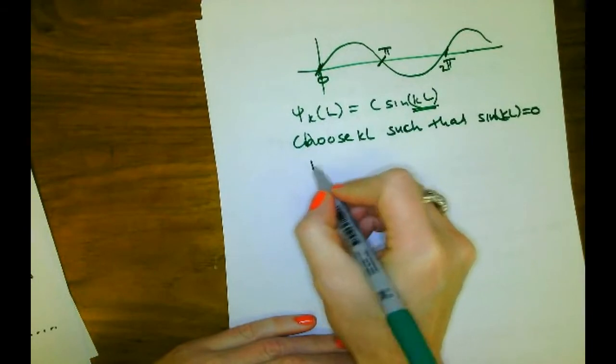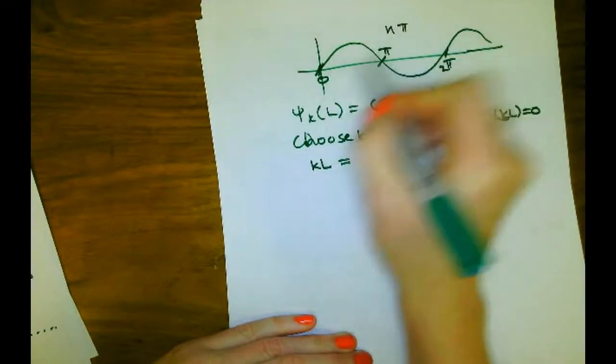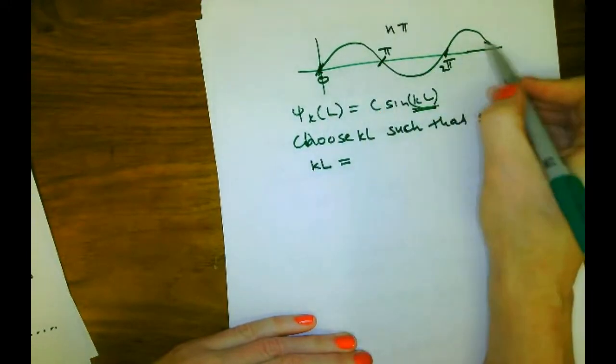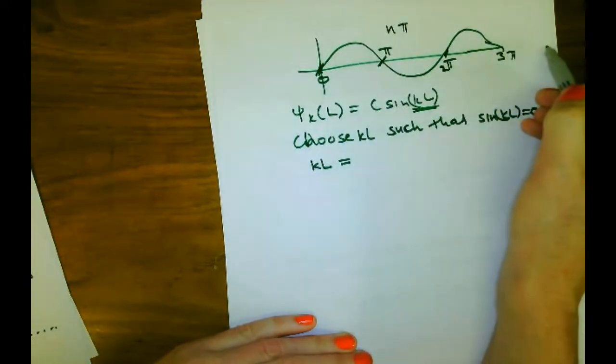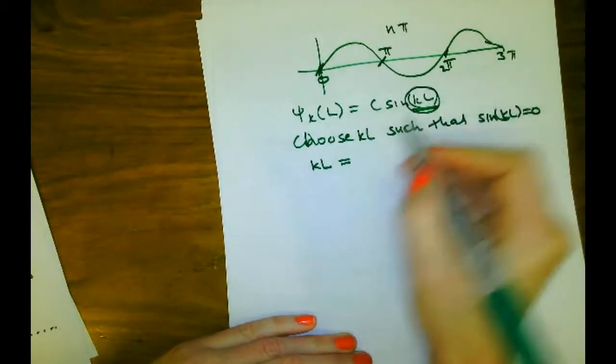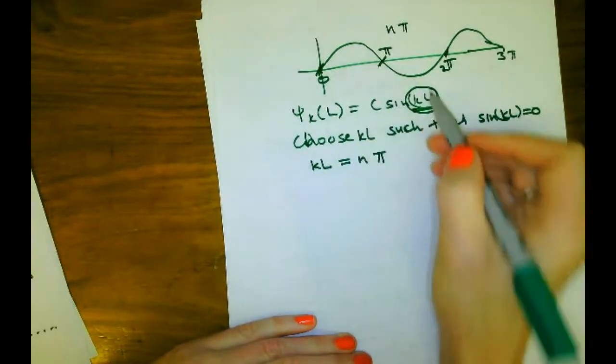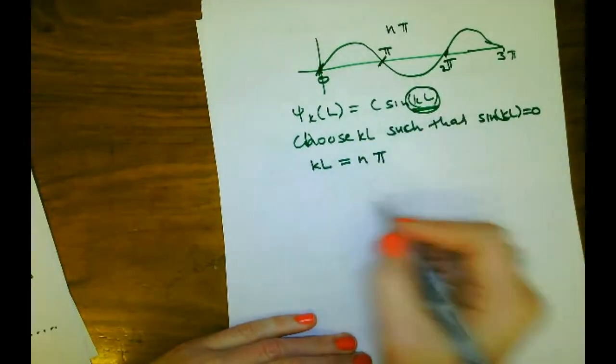And how do we make sure that that happens? Well, at each n pi, so 1 pi, 2 pi, 3 pi, 4 pi, etc., the sine function goes through 0. So if kL is equal to n pi, then the wave function will be 0.